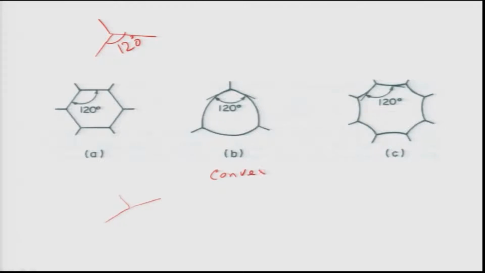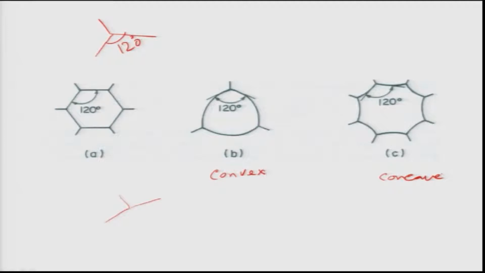You can clearly see they are convex boundaries. But when the number of sides is more than 6, the 120 degree angle can still be maintained again by making the boundaries curved, but the boundaries will become concave, right, you can see that.